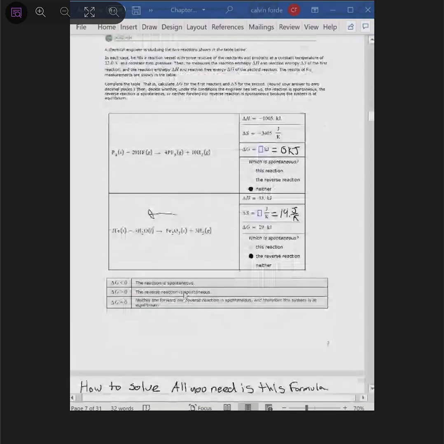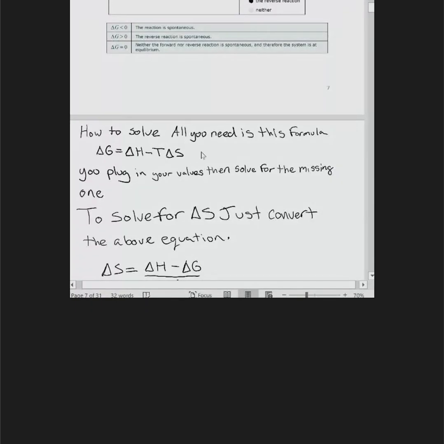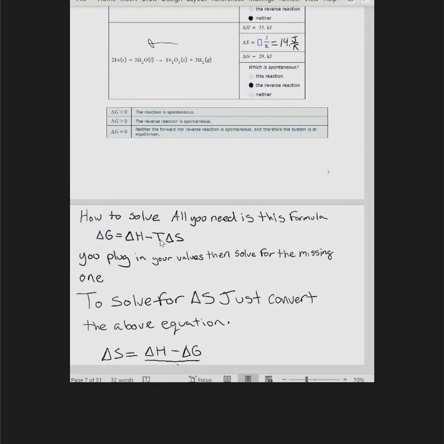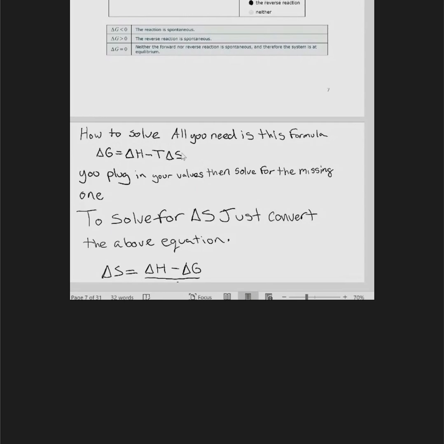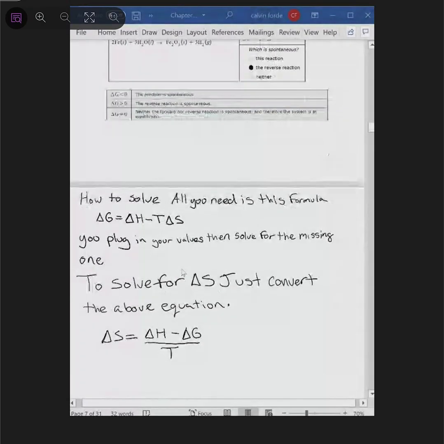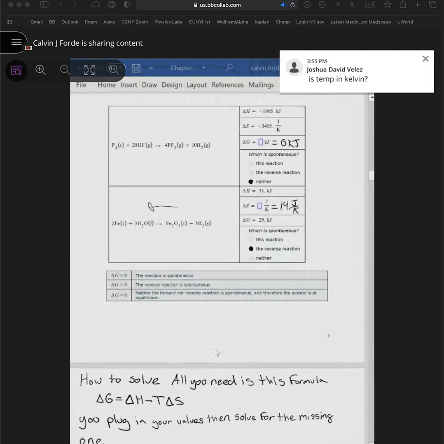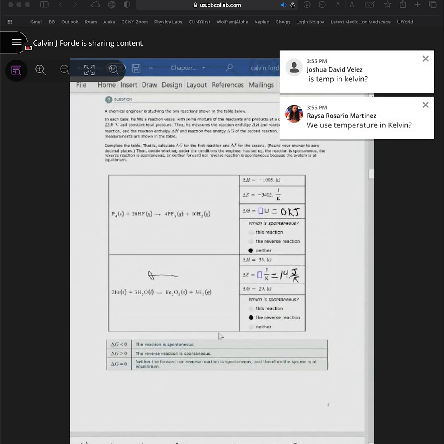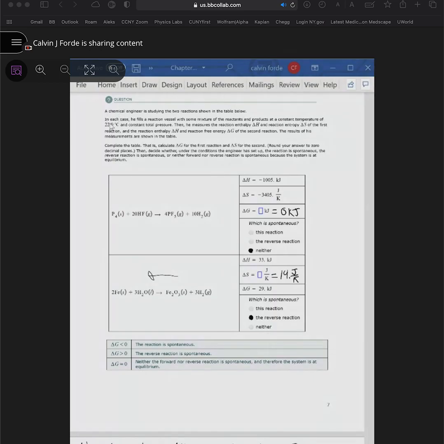Easy enough. So you're going to use this formula, right? Delta G equals delta H minus T, this is going to be temperature, and delta S. All right. And obviously if you want to solve for something else, you just have to manipulate the formula. One thing you have to notice is the temperature, so the 22 degrees Celsius, has to be in Kelvin, right?